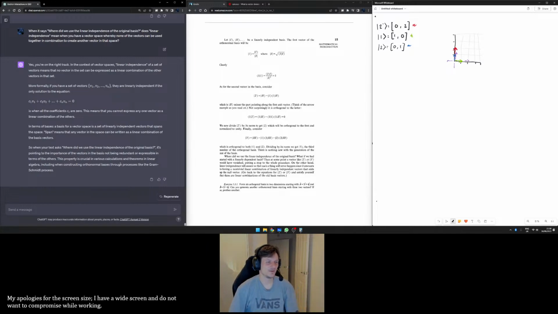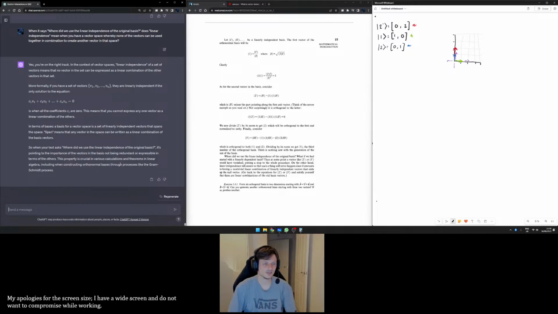In terms of bases, a basis for a vector space is a set of linearly independent vectors that spans the space. Any vector in the space can be written as a linear combination of the basis vectors.